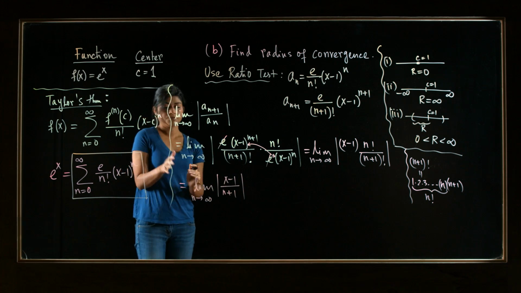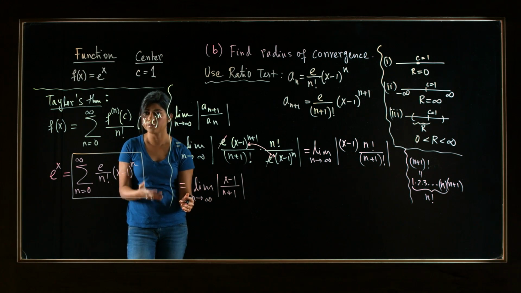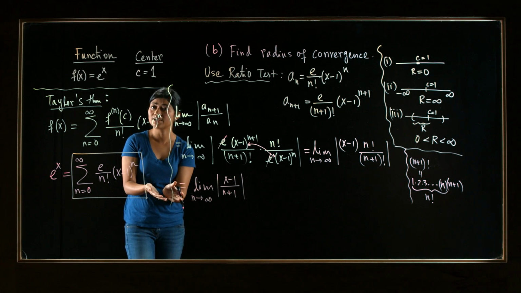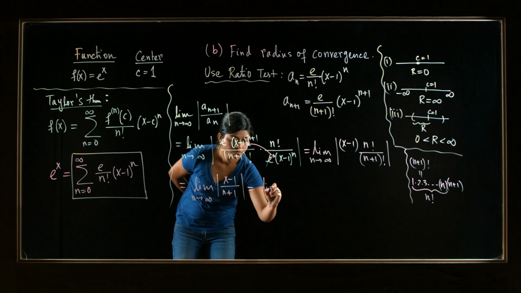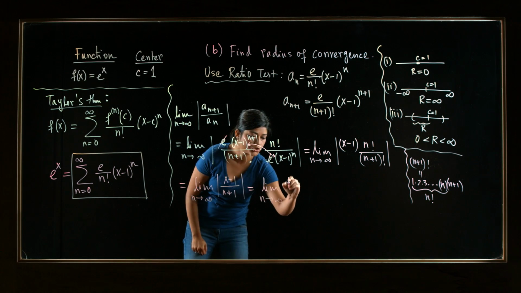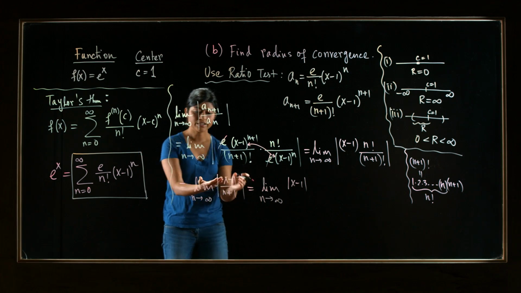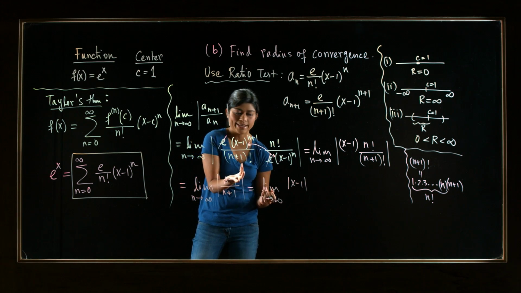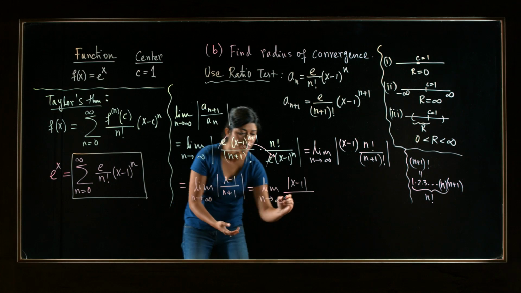Be very, very careful at this point. Look, the limit is on n. So n is the variable. x is not, x is constant. So you can pull the constant out of the limit if you want. Notice further that the absolute value should be applied only to the x term, because x minus 1 can be negative, but not on n plus 1, because that's always going to be positive.